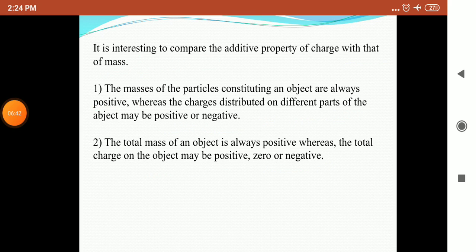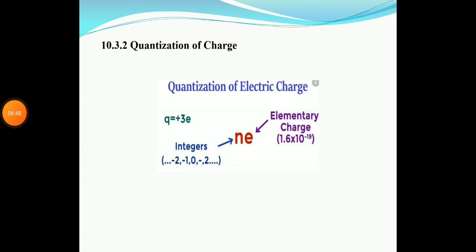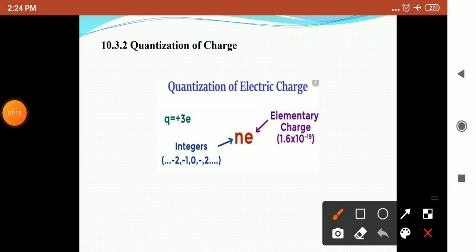Then let's study the next point, that is quantization of charge. Here, the minimum value of the charge on an electron, as determined by Millikan's oil drop experiment, is e = 1.6 × 10^-19 coulomb.